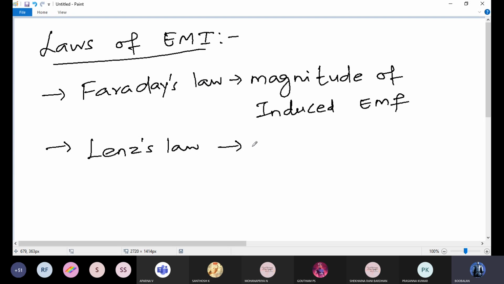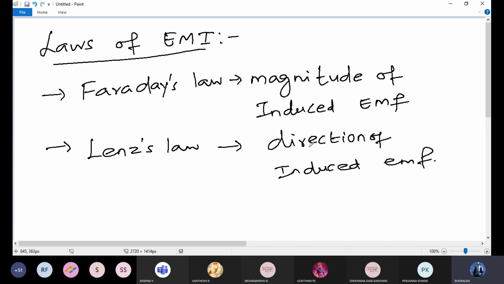For the purpose of finding the direction, we are using Lenz's law. So, direction of induced EMF. Please note it now.